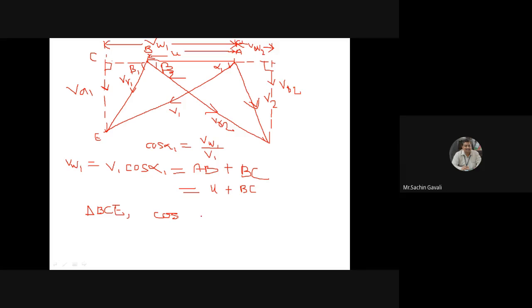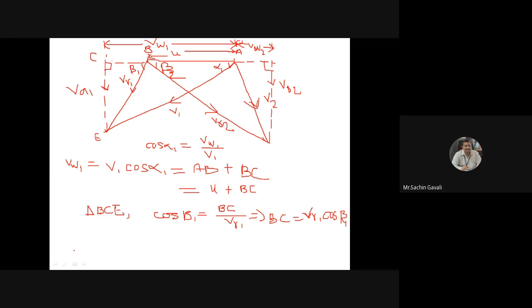Cos beta 1 is equal to what? BC divided by VR1, and therefore BC is equal to VR1 cos of beta 1.